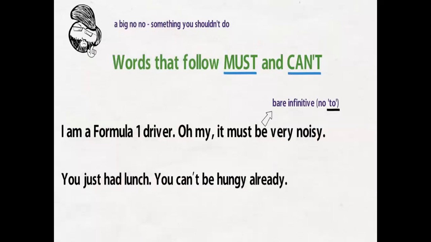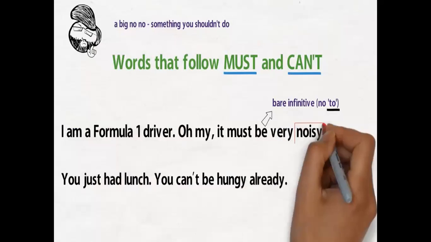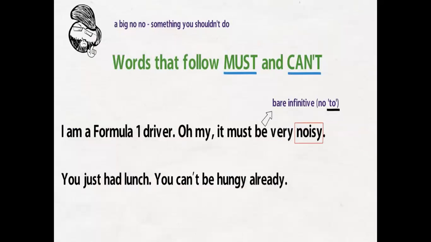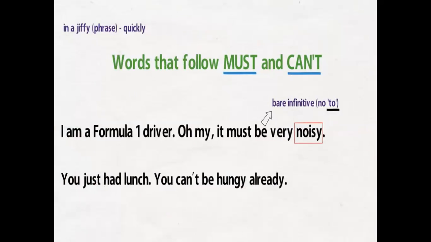A lot of students tend to make that mistake. But you're better than that. I believe in you. Also, after the verb to be, we have an adjective. You will see why that's important in a jiffy. In the second example, we can see that we again have a bare infinitive form of the verb to be, followed by an adjective.